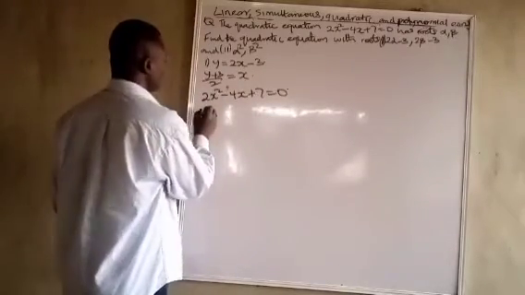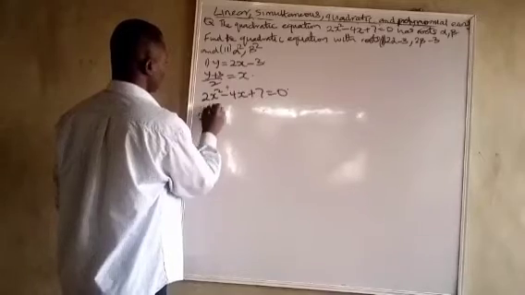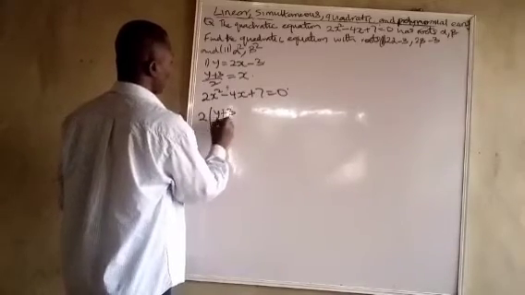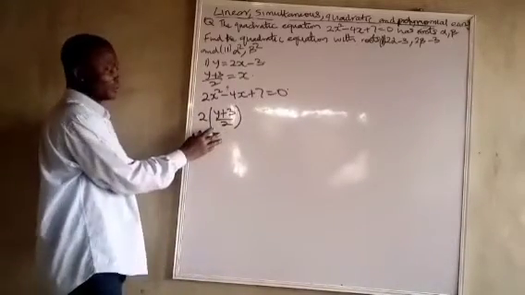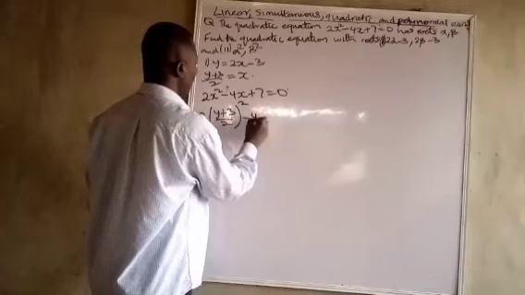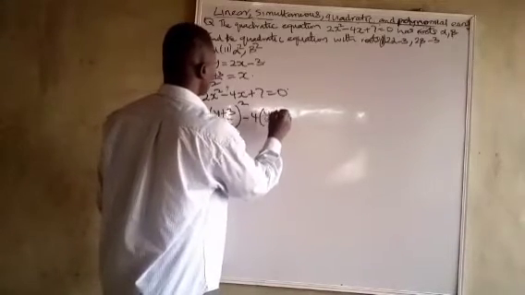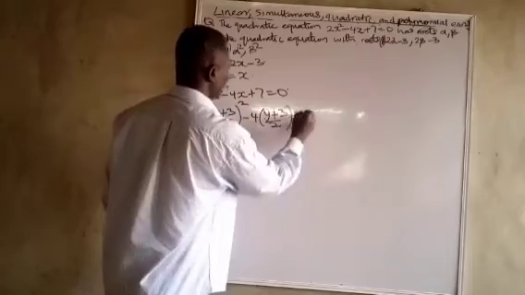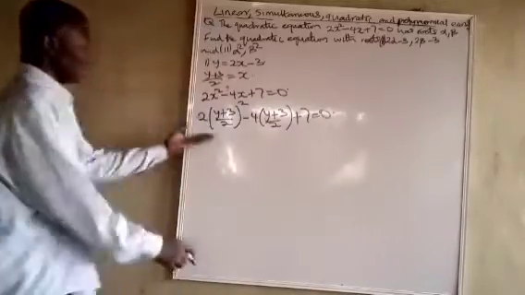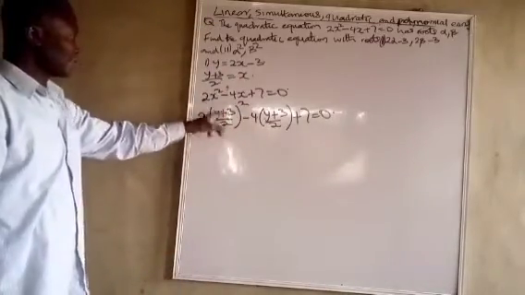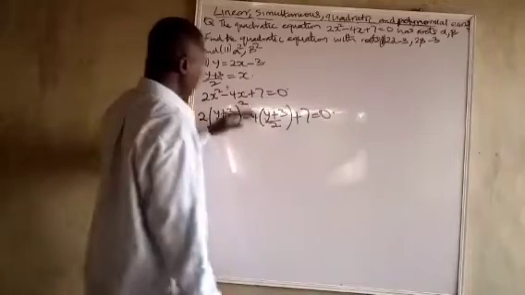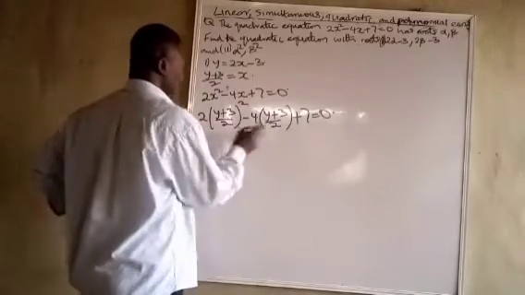So we are going to have 2 into y plus 3 over 2 squared, minus 4 into y plus 3 over 2, plus 7 equals 0. You can see I'm working it now. I have changed the x into y conveniently, to differentiate the two, and it makes it very easy and fun to do.